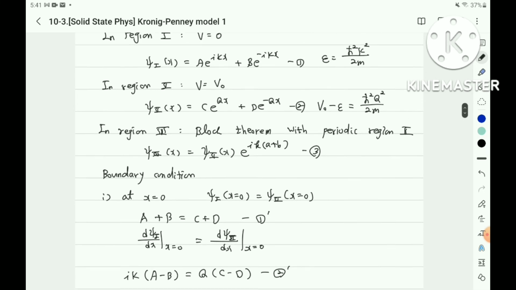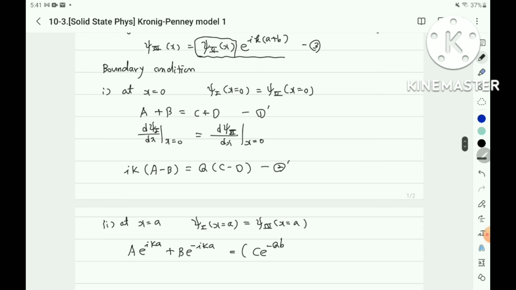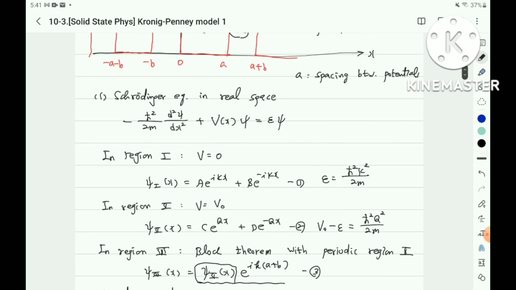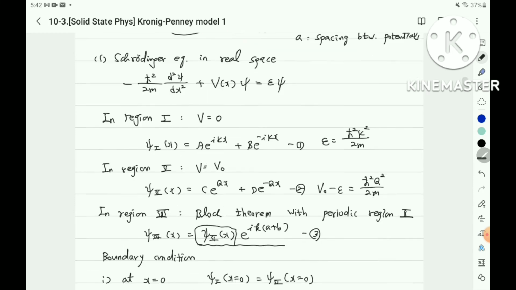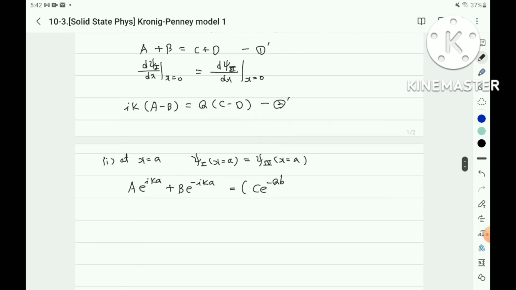Because in region 3 we apply this one, psi 2 at x equal to a is, with the periodic lattice, x equal to minus b. Here we assume that psi 3 at x equal to a is psi 2 at x equal to minus b times exponential ik(a plus b).